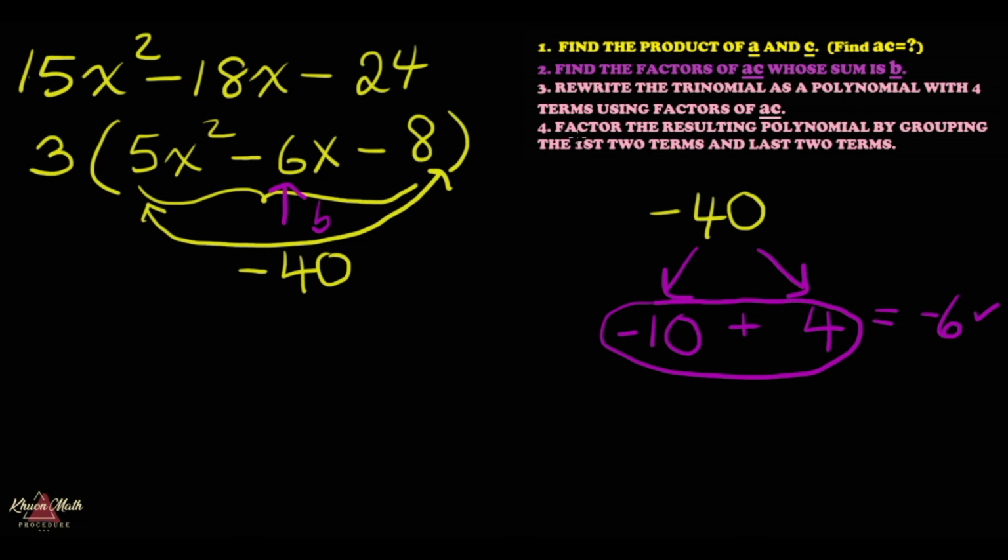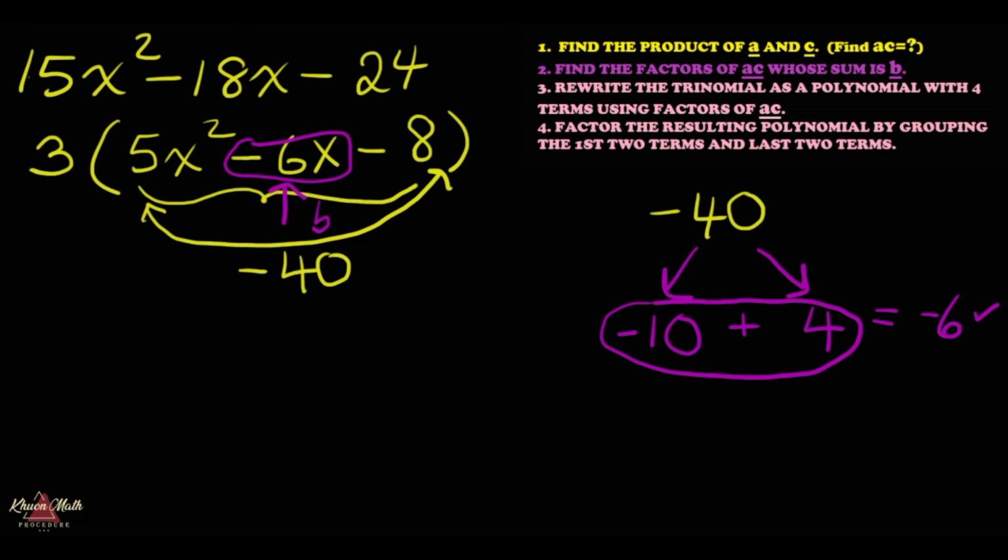Step 3 is to rewrite the trinomial as a polynomial with 4 terms using factors of AC. What we're going to do is take out the negative 6x and replace it with negative 10x plus 4x.